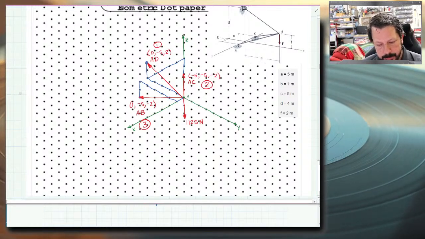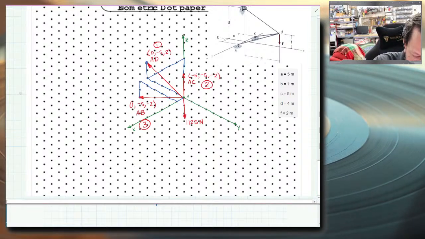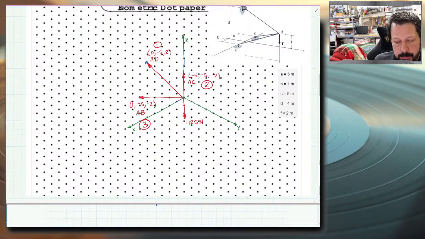So what we're going to do is the same idea, but this is going to be tough to visualize. Let me erase some of these blue lines here, kind of get them out of the way. When I do the x component of AD, I want this angle.